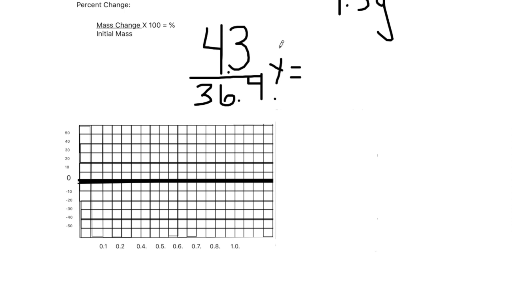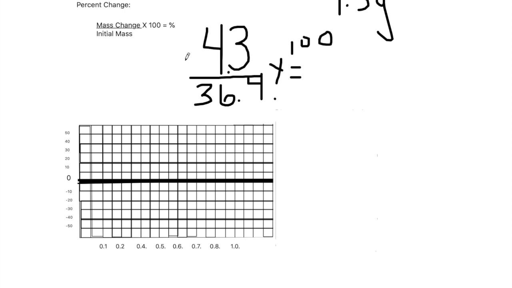So 4.3 divided by 36.4 multiplied by 100, and we get 11%.